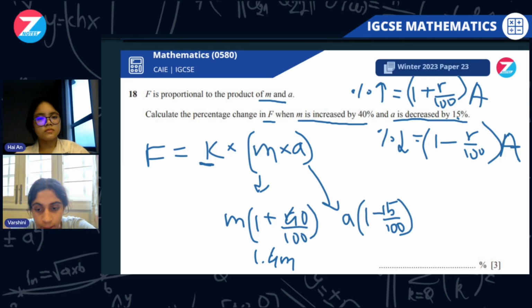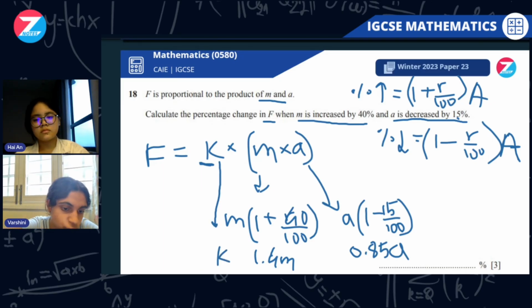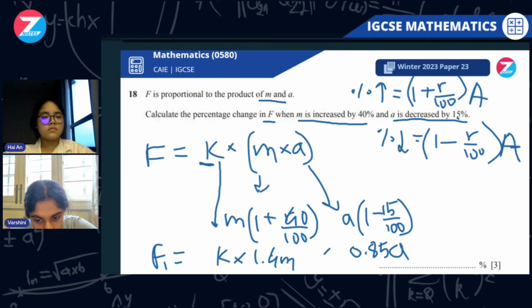And for a, that's going to be nothing but 0.85a. And of course k is not changing. So the new value of F, say F dash, is going to be equal to k into 1.4m into 0.85a. And what is the percentage change in F? It's obviously the same value of F, because there's k and m and a, except there's this 1.4 into 0.85.